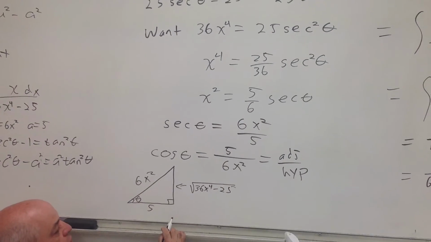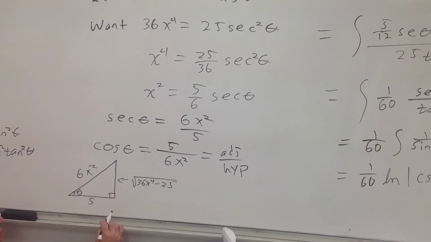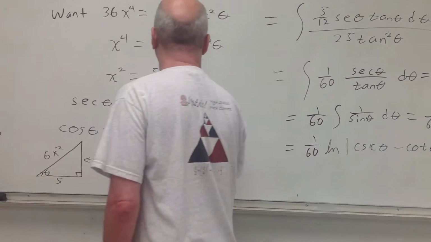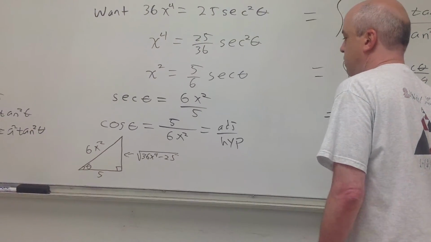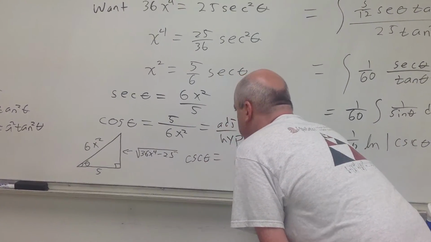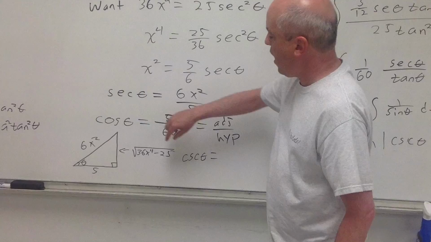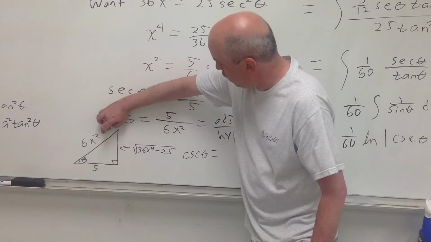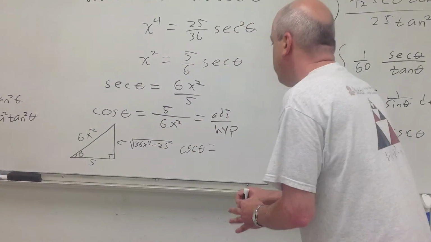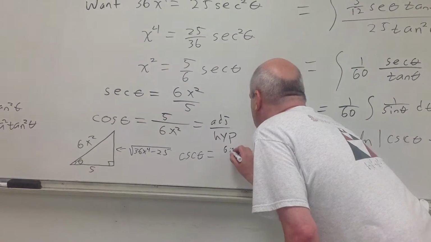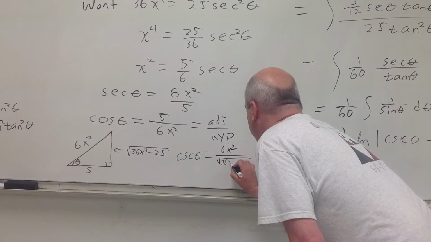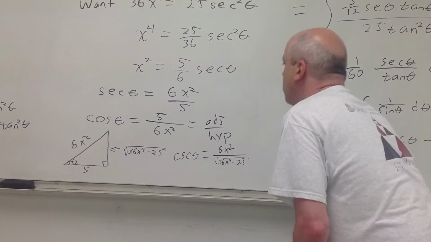Now, I need both cosecant and cotangent. What is cosecant? Cosecant is the reciprocal of the sine function. So I can get that directly off of this, cosecant of theta. Well, the sine is opposite over hypotenuse, so cosecant is going to be the reciprocal, hypotenuse over opposite. That's 6x squared over the square root of 36x to the fourth minus 25.